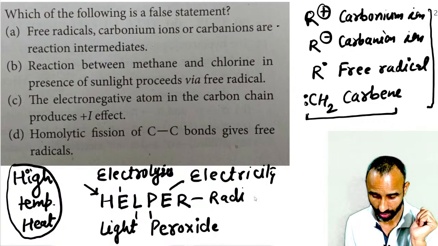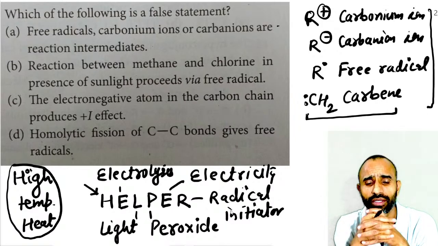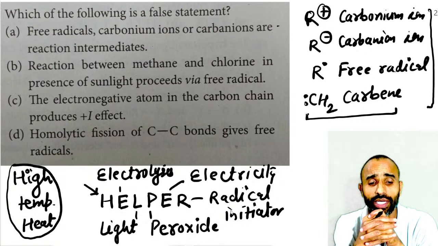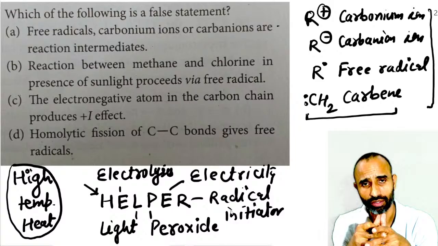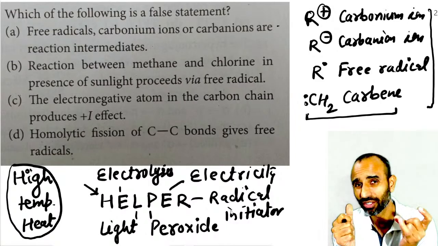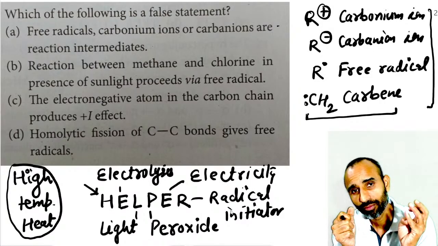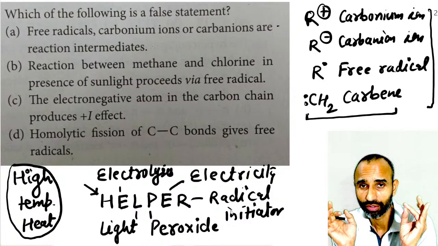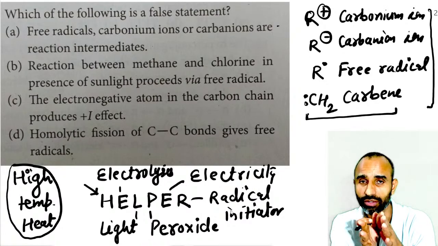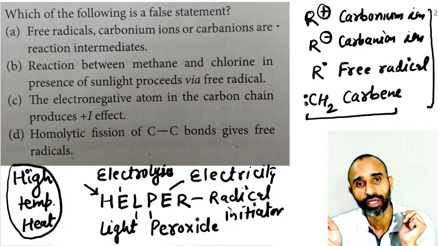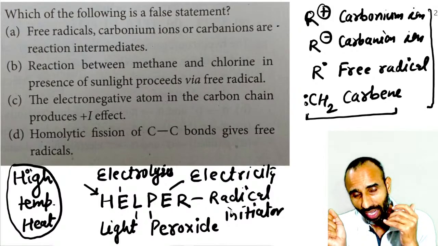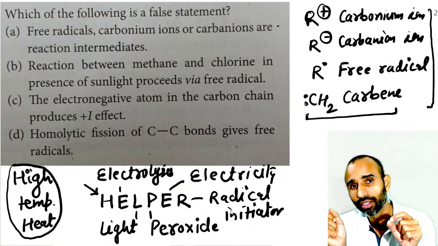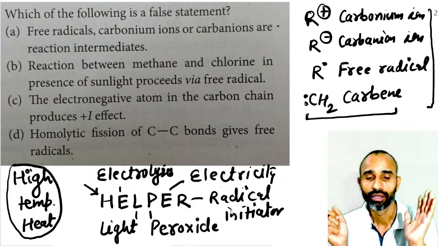And any reaction in which there is a radical initiator. But in our case we have to remember light, peroxide, electrolysis, and high temperature. If there is a comparison between two reactions, one at low temperature and the other at high temperature, then the high temperature one may be a free radical reaction.